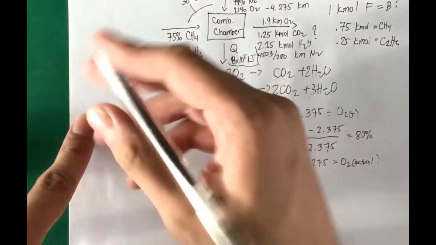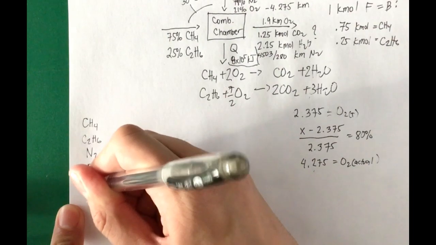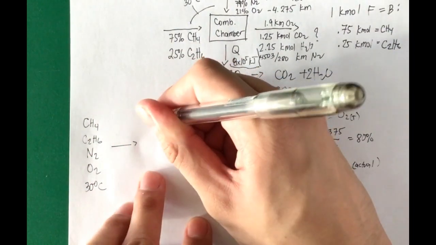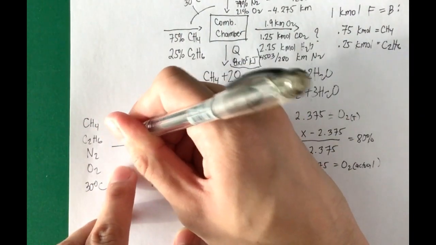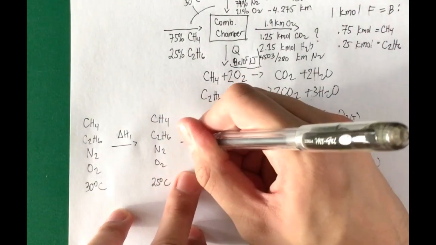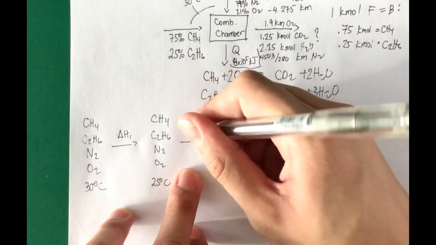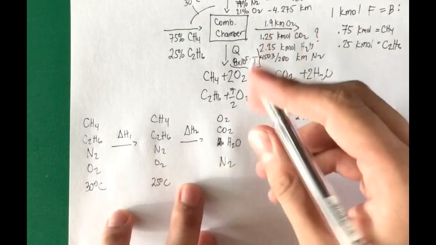We'll change all reactants from 30 degrees Celsius and transfer them to 25 degrees Celsius. From here, you will get your first enthalpy. Okay, I'll label that as delta H1. Next, we're going to make them react such that this stream will go out. So this is your delta H2, or this is your delta H of reaction.